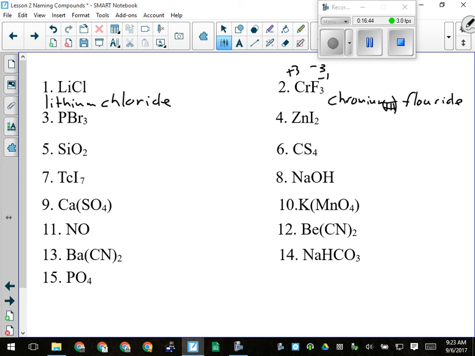Okay, lots of little things we always have to be checking for, and that was the idea behind this exercise. Okay, how aware do I have to be when I'm looking at these things? Okay. All right, so for number 3, we've got phosphorus and bromine, ionic or molecular? That's molecular, so we were going to have phosphorus tribromide. Whoop.